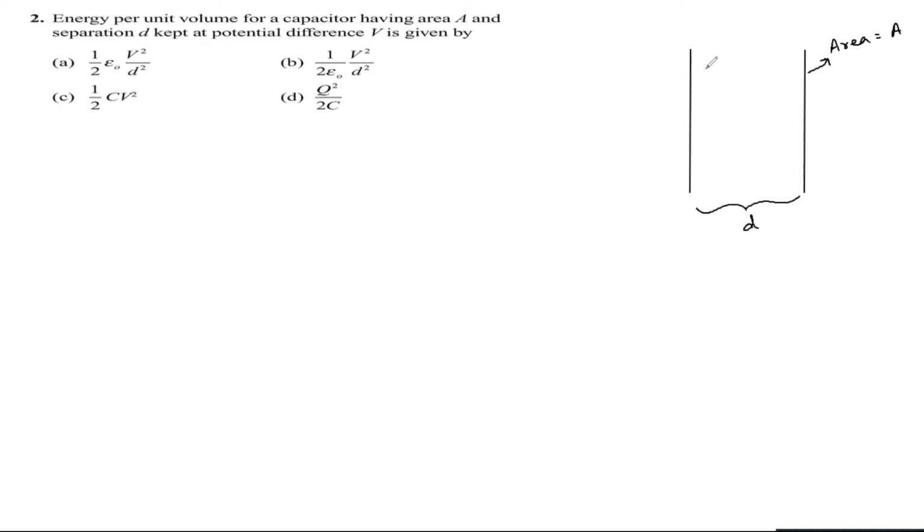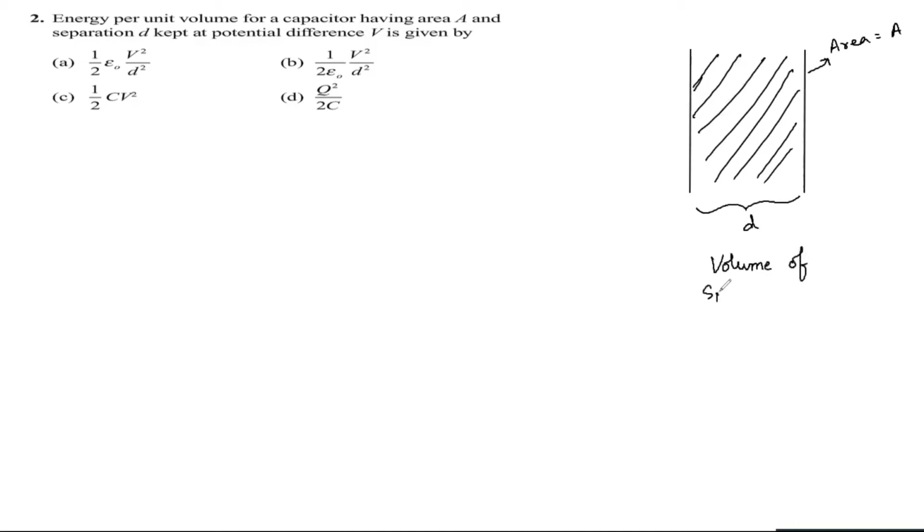Okay. So the volume within these metal plates, the volume of the space between these metal plates, is nothing but area multiplied by d, the separation between the two plates.